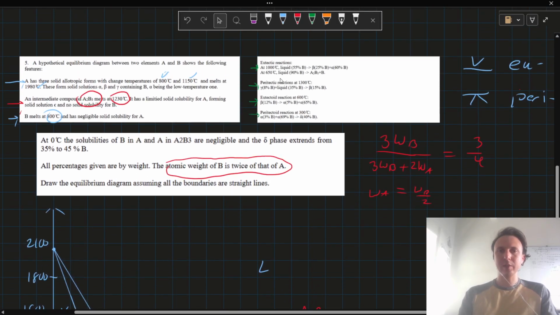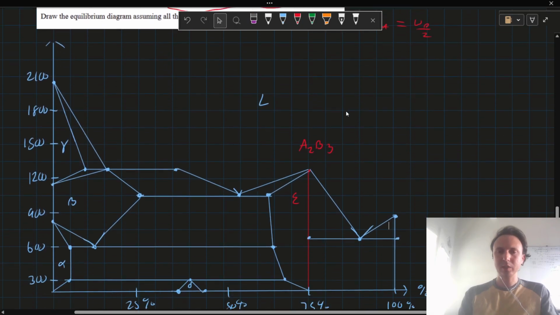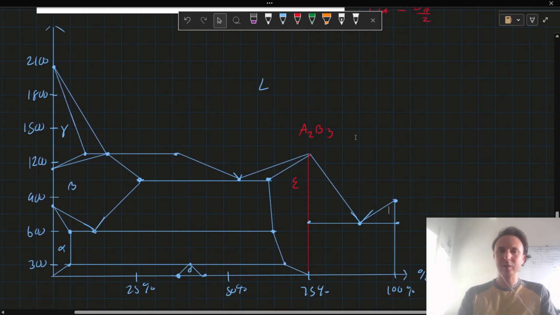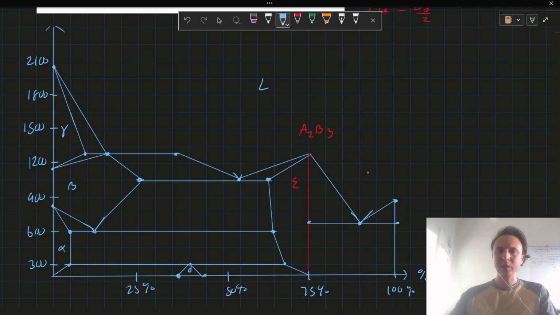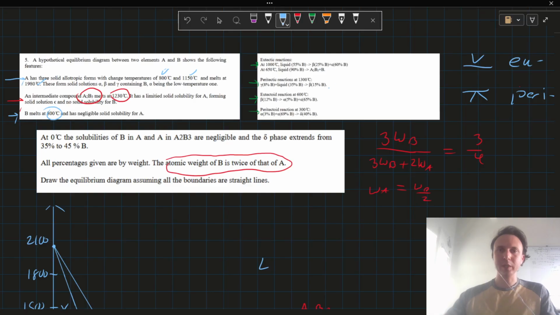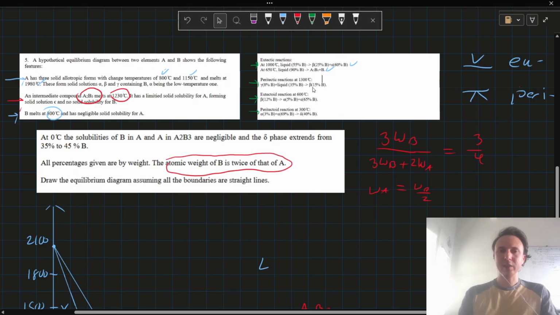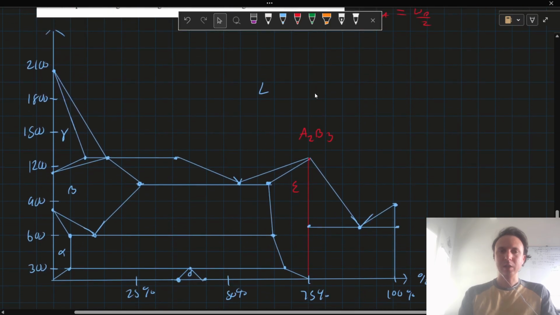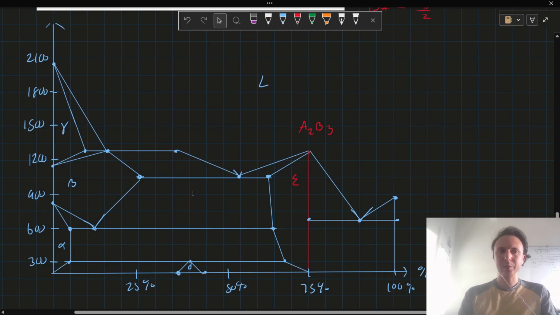So liquid 90% to A2B3, yep. So in this region, we'd have liquid. In this region, we'd have liquid plus A2B3. This region, we'd have liquid plus B. And then we go down and we have A2B3 plus B in this region right here. Okay, so we'll go ahead and check these two off. Peritectic at 1300. Where are you? Up here.